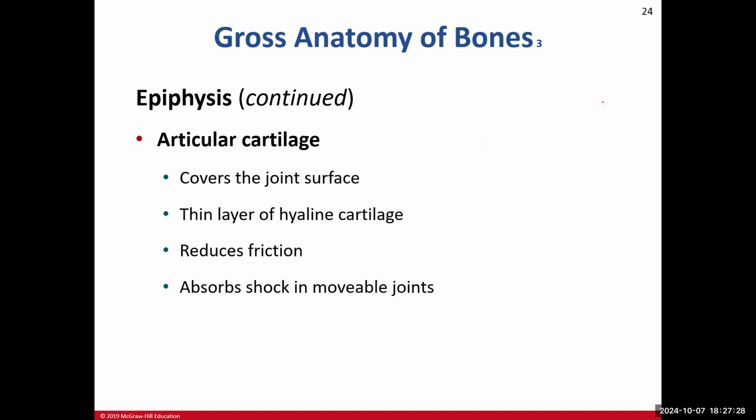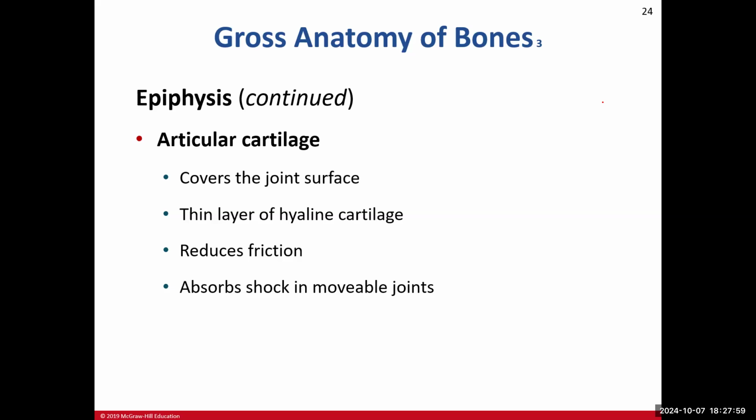And then finally, our articular cartilage, which is going to be located on the epiphysis, because that's usually where a joint is going to be found. So it kind of lines that epiphysis. And its job is to act as a shock absorber, and it helps to reduce friction. Because friction is not your friend, especially when you get older. You've heard people say they've worn away all the cartilage in whatever joint, and it's bone on bone.